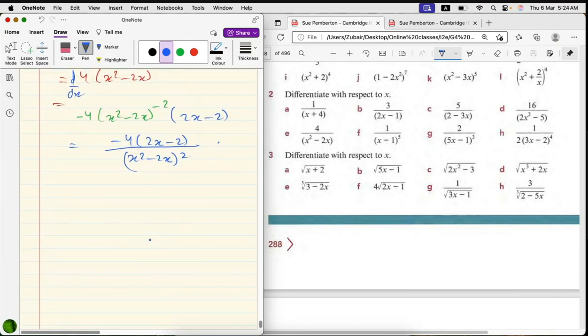Okay. Try G part: 2 over (5x minus 1) whole cube.